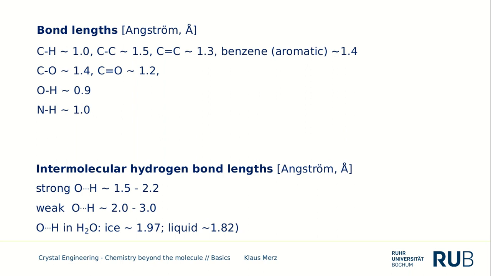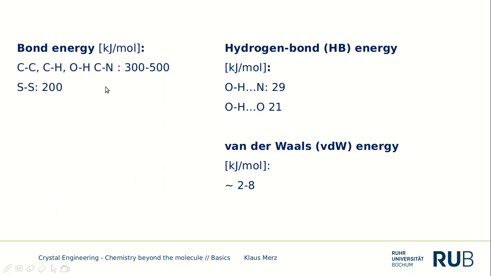What's going on with energy? The bond energy is around 300 to 500 kilojoule, mostly. An exception, for example, sulfur, is 200. And now have a look at hydrogen bond energy.